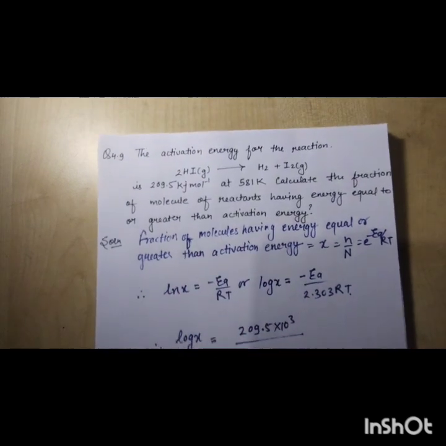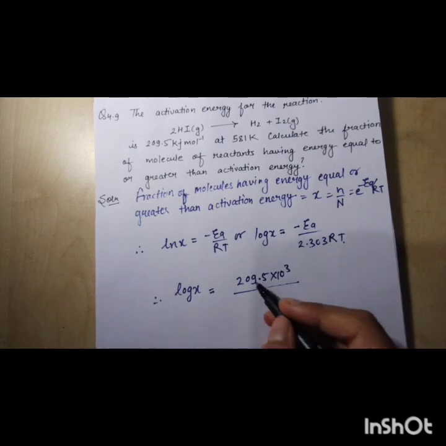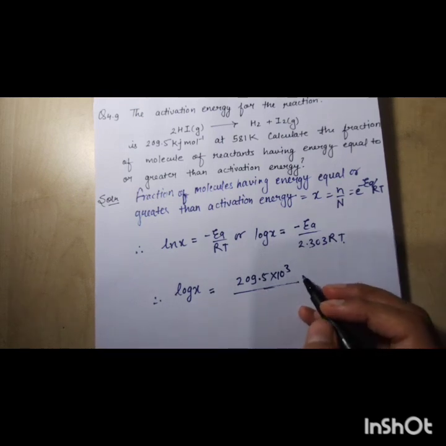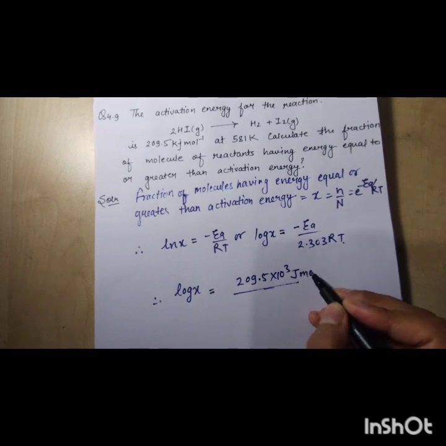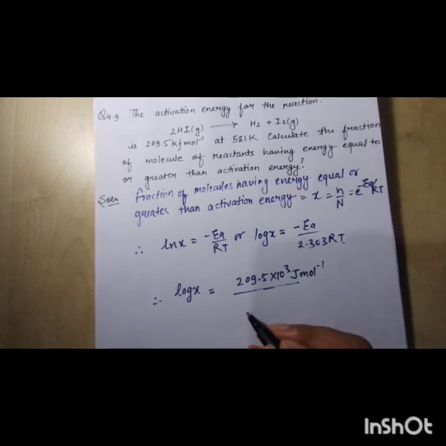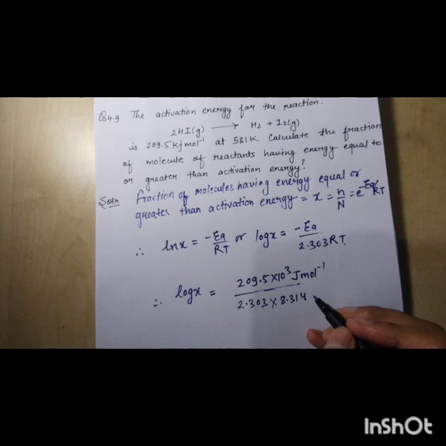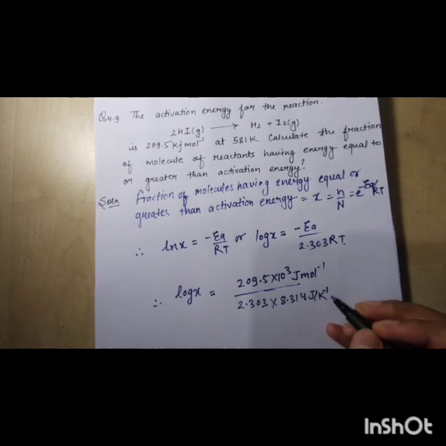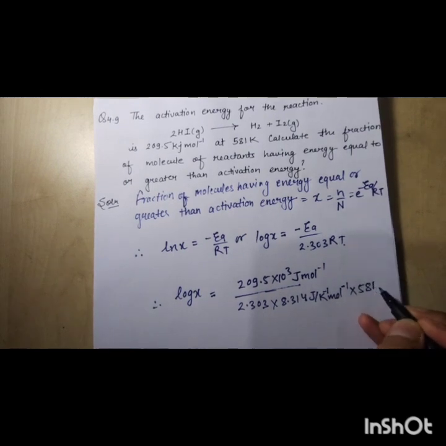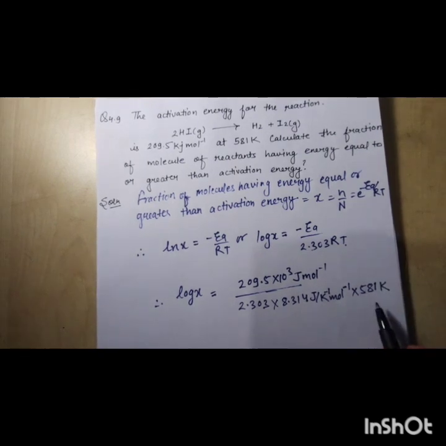So we will convert to joule per mole, 209.5 into 10 to the power 3 joule per mole, and 2.303 into 8.314 joule per Kelvin per mole into 581 Kelvin. Now it is important to take all the units, so you will remember and it is easy to calculate.